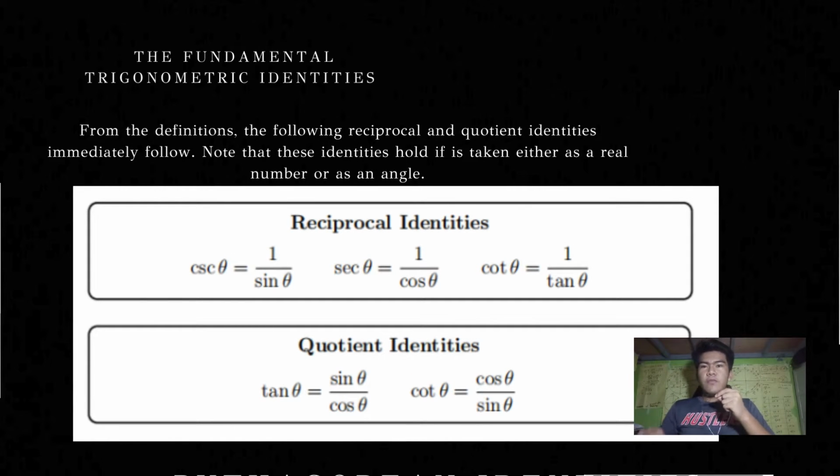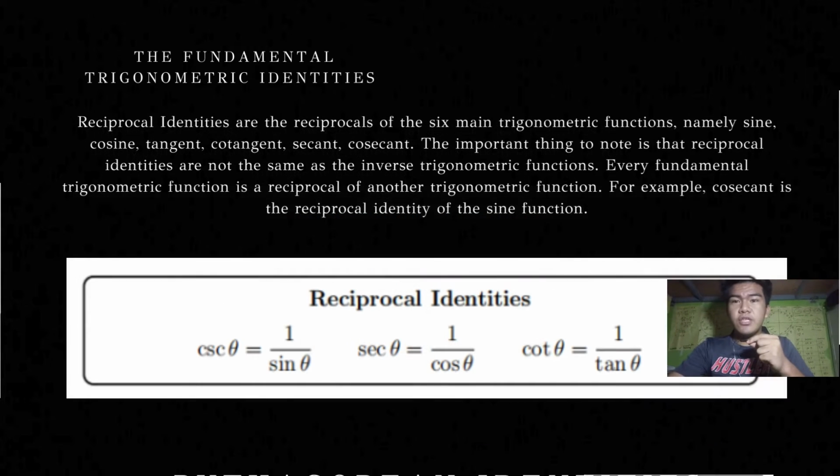We can see from the definitions that Karl gave us that these identities follow from the values, and we can take note that these identities hold if theta is taken either as a real number or as an angle. So now let us start with the reciprocal identities.